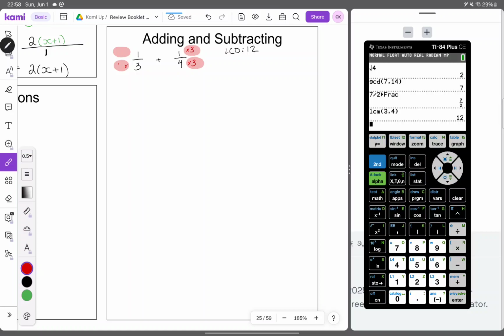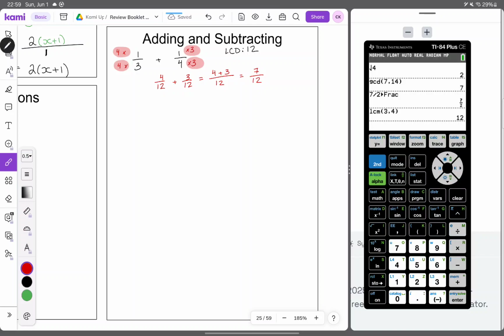Well, 3 times by 4. So this gives me a new question of 4/12 plus 3/12, which now I can add them together. I'm going to keep one numerator, and we're just going to become 7/12.